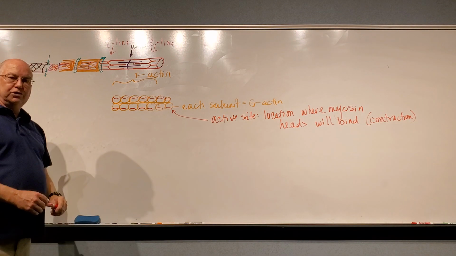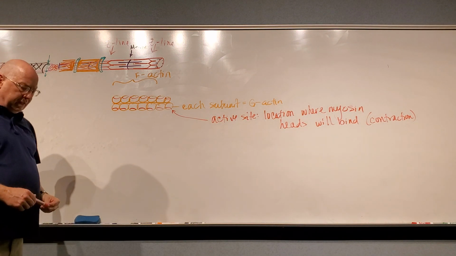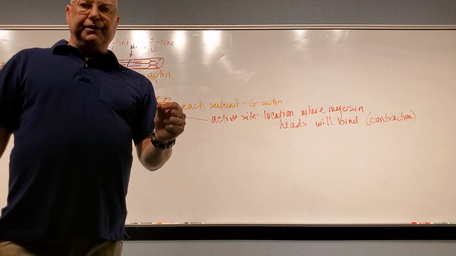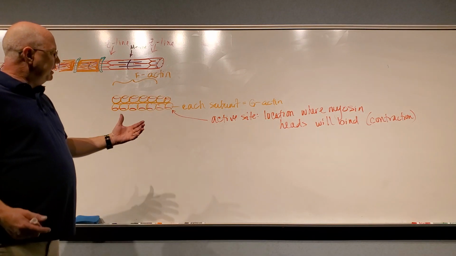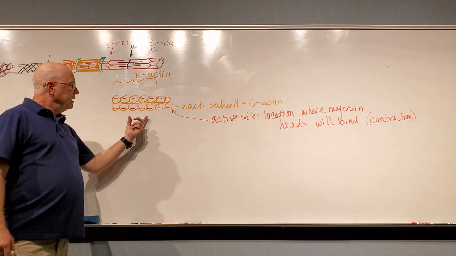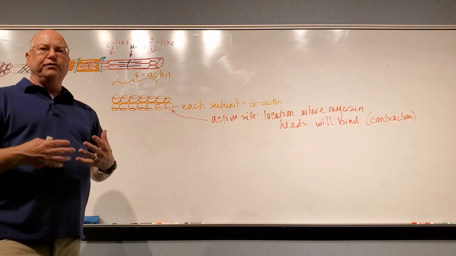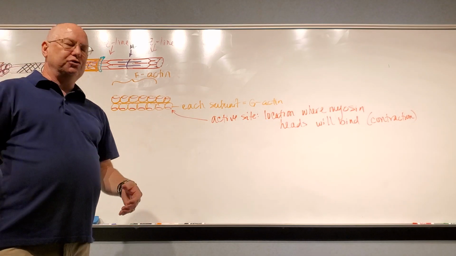Now, we're not done with the structures of the actin filaments. The myosin heads, which we're going to study in a second, have such a high affinity. And affinity is a sort of a likeness to bind, in biochemistry.